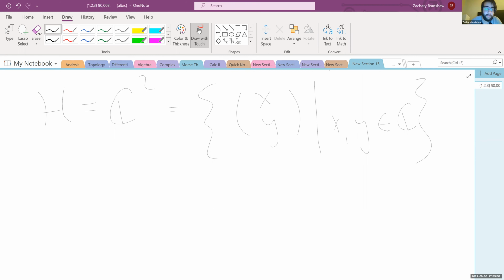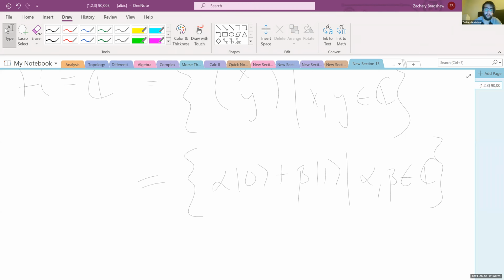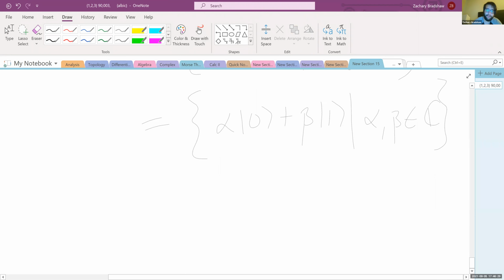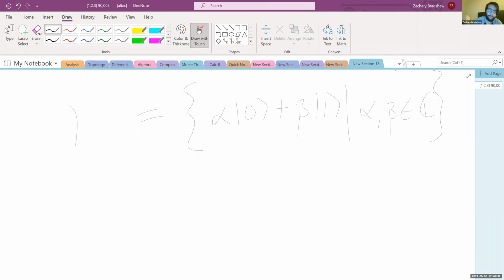The inner product here is just sort of the dot product, but whenever we do the dot product, we also have to conjugate one of the vectors. In the Dirac notation, this is the set of all elements of the form alpha 0 plus beta 1, such that alpha and beta are in C. Okay, so I'll stick with the Dirac notation now. So here's my Hilbert space H.